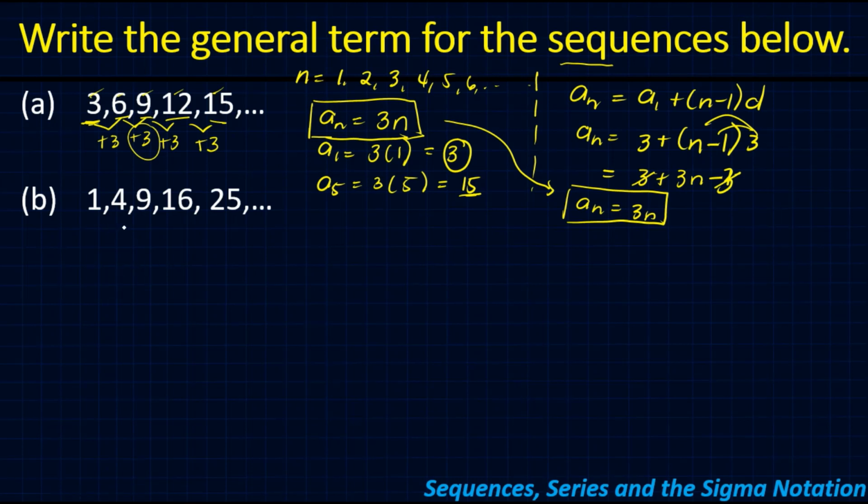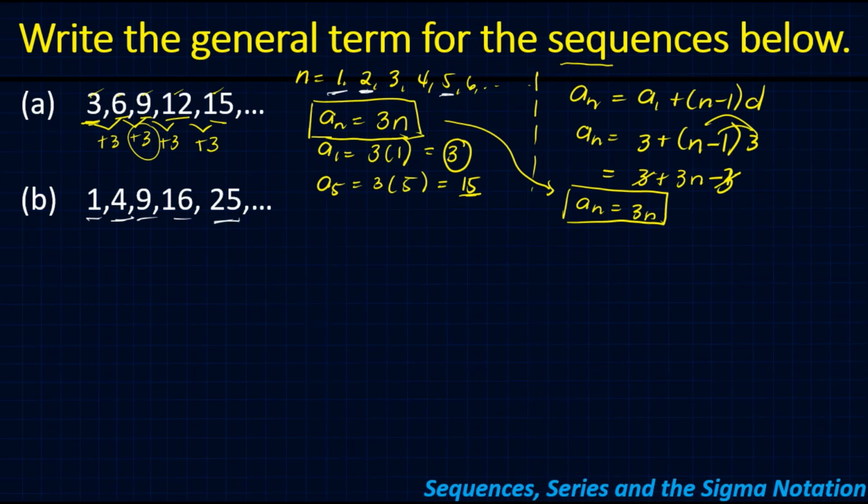So if it is not geometric and not arithmetic, let us observe the numbers here. We all know that 1, 4, 9, 16, and 25 are perfect square numbers. With respect to our n, when n is 1, 1 times 1 equals 1. In the second term, n is 2, so 2 times 2 equals 4. In the fifth term, 5 times 5 equals 25.